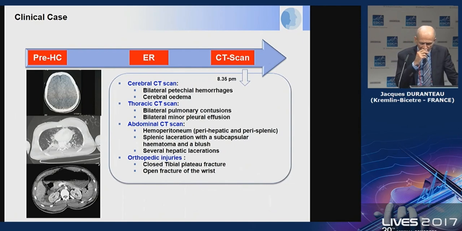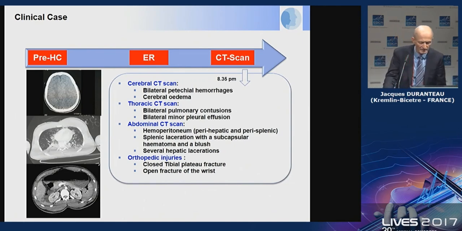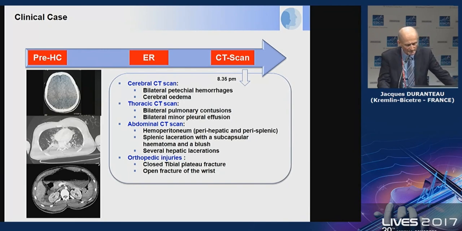So here is the CT scan. On the CT scan we have a bilateral petechial hemorrhage with an important cerebral edema. At the level of the thorax we have a bilateral pulmonary contusion and a bilateral minor pleural effusion.